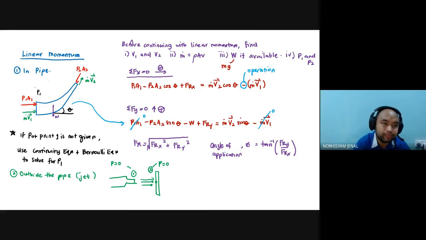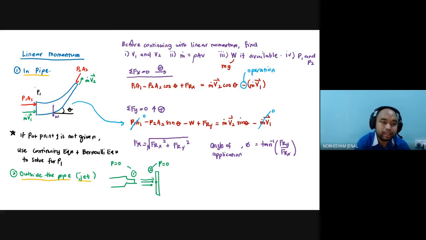Alright, so this will be the last one for today, which is a study on linear momentum. The study of linear momentum is a study of questions based on two different kinds: number 1, in pipe, number 2, outside the pipe, or what we call a jet.